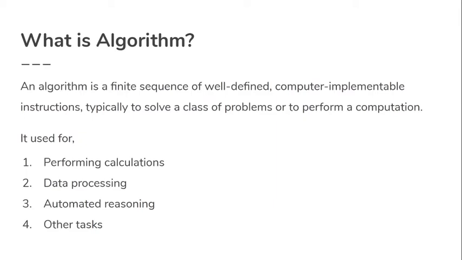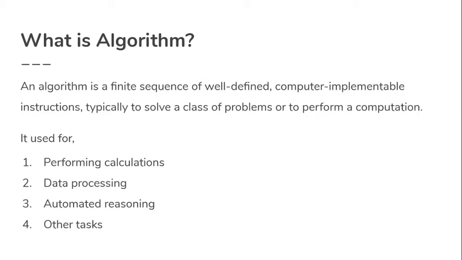So let's see what algorithms are available for each data structure. We have already seen what a data structure is, and what data structures are available in each programming language. For example, in data structures we have array, linked list, tree and graph. These are the major parts of data structures.